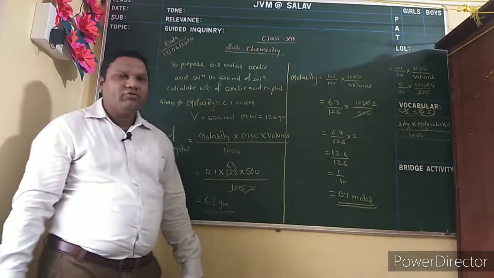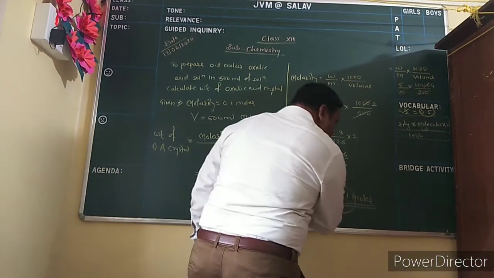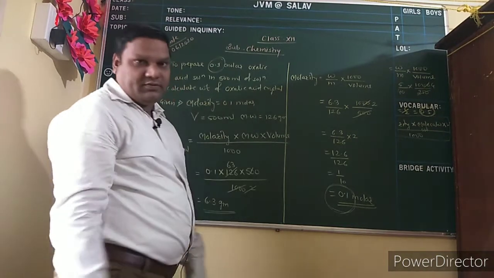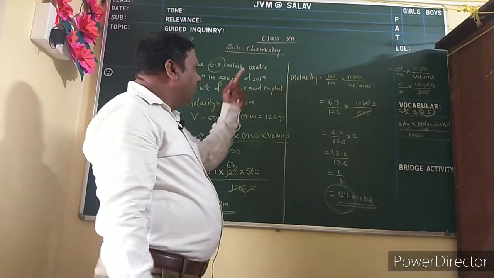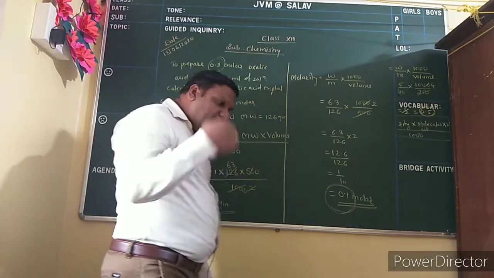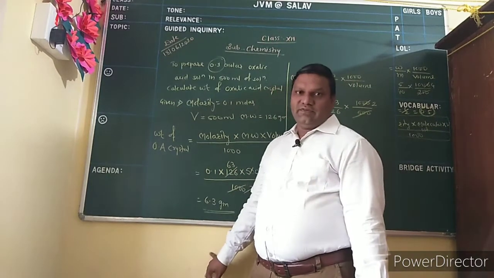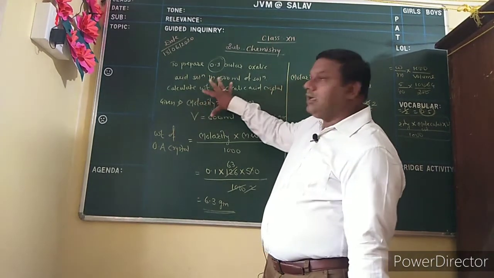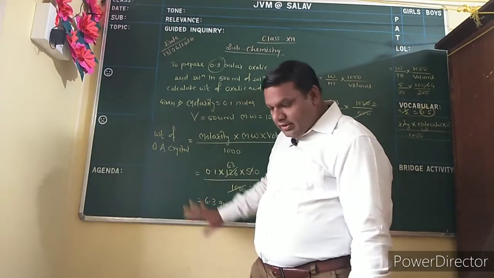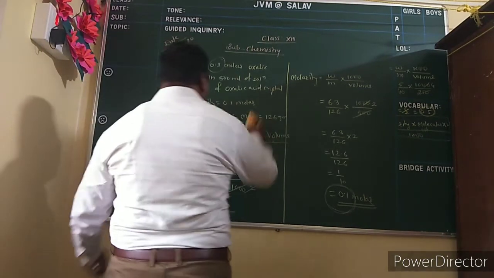So that is a very simple concept. So if the molarity is given, you calculate the weight of substance. If the weight of substance is given, then you calculate the molarity. Understood? But this formula is only applicable for solid substances.